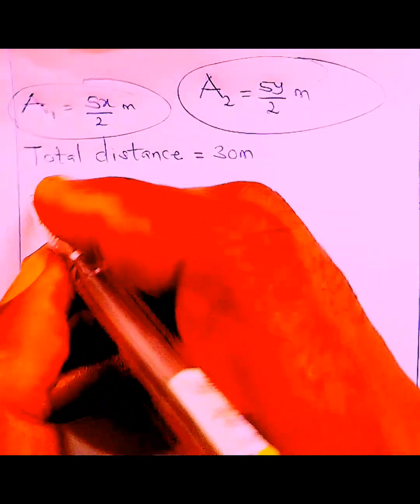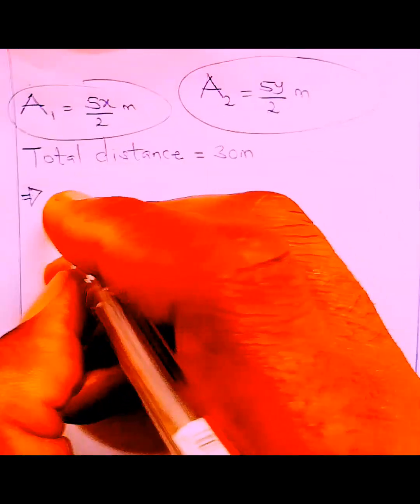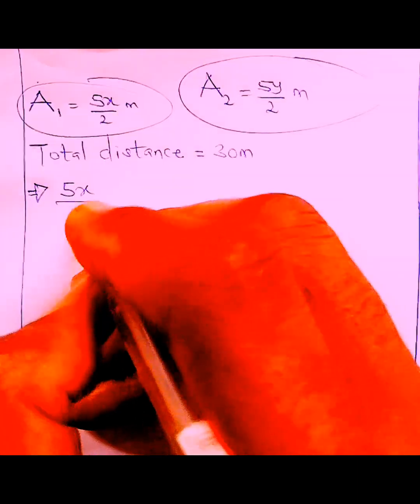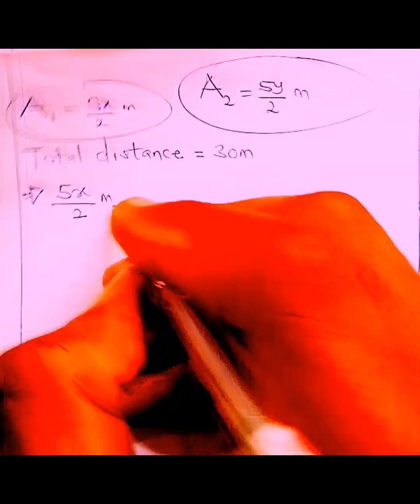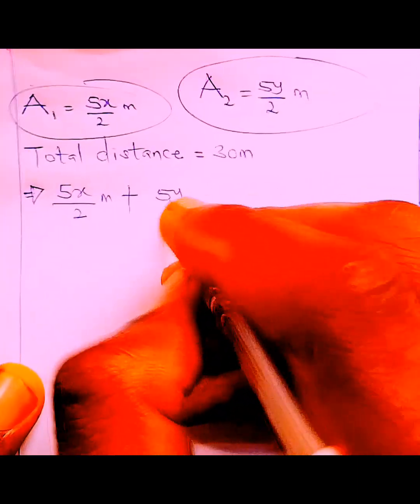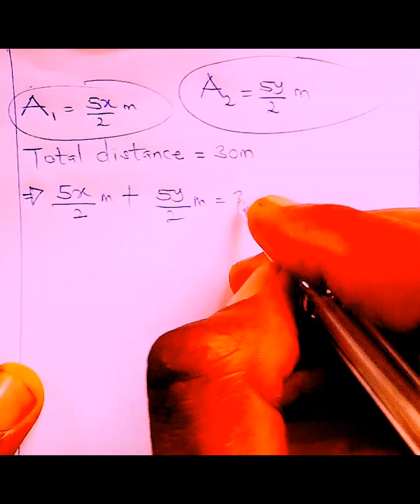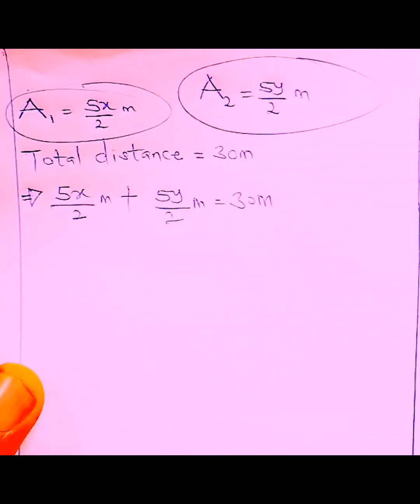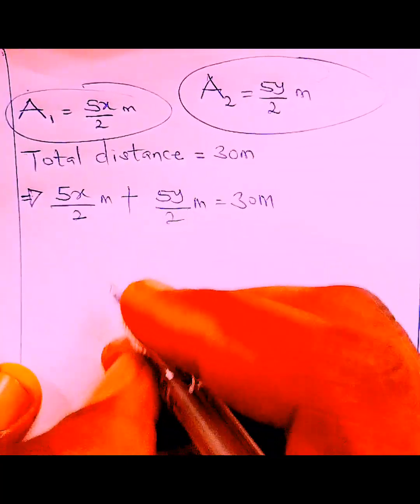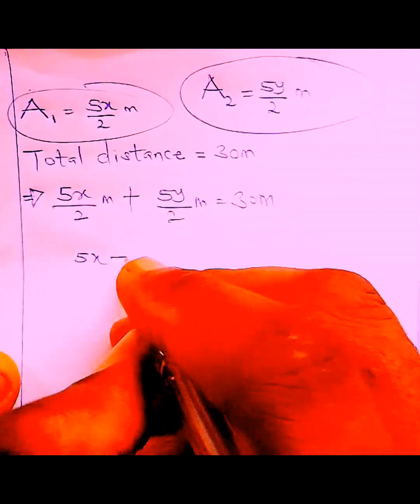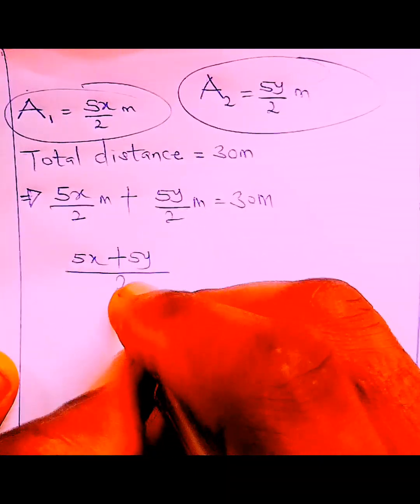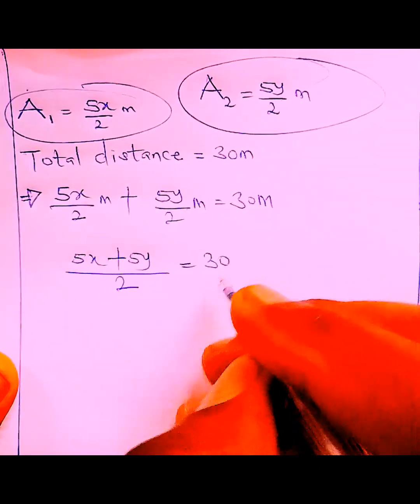So let's solve that. Total distance, which is 5x over 2 meter plus 5y over 2 meter, equals 30 meter also. So we're going to combine them at the top. So that's 5x plus 5y over 2 equals 30 over 1.